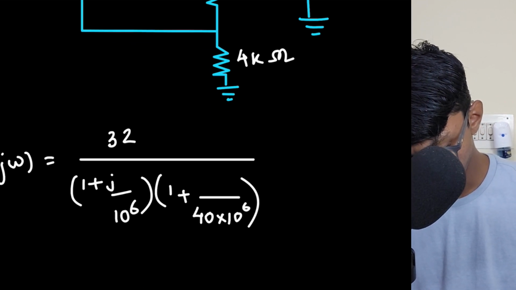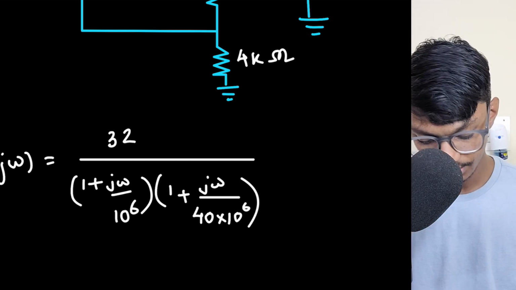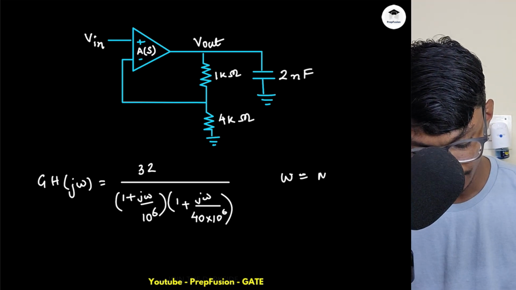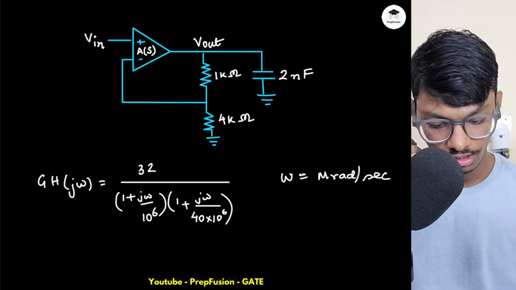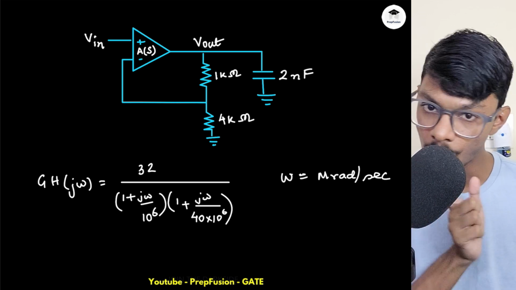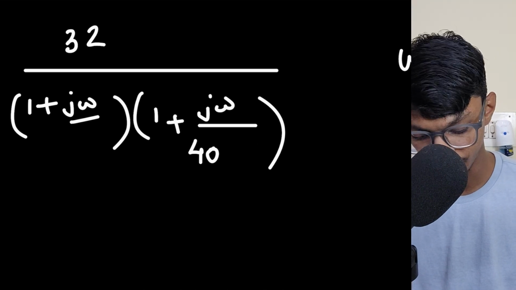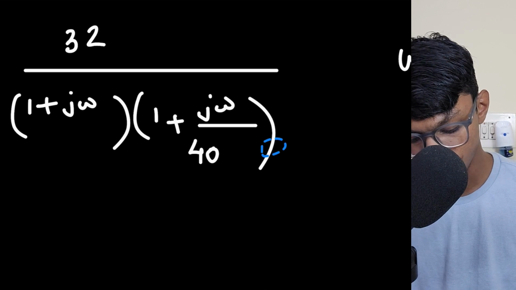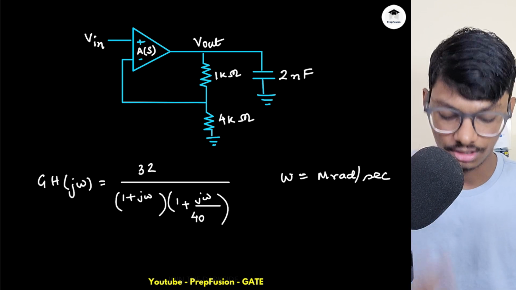Now, one good thing you can do to reduce your computation burden is to assume at the start itself that omega is in mega radian per second, because this question is calculative and you have to understand how to calculate things. So you have to take shortcuts. So you assume omega is mega radian per second, then obviously this 10 raised to power 6 and this 10 raised to power 6 will be gone, because we have assumed it mega radian per second.